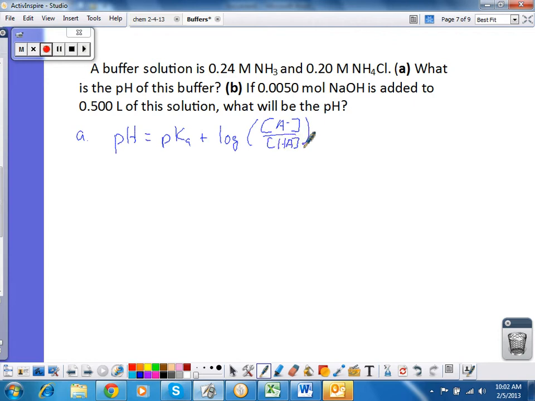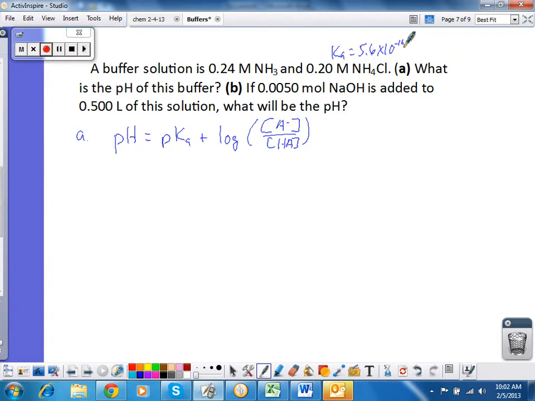So in order to solve this equation, you need to know the Ka for the ammonium ion. The Ka for ammonium is equal to 5.6 times 10 to the negative 11th. Okay, and you'll notice that the Henderson-Hasselbalch equation again uses pKa, which is the negative log of Ka.